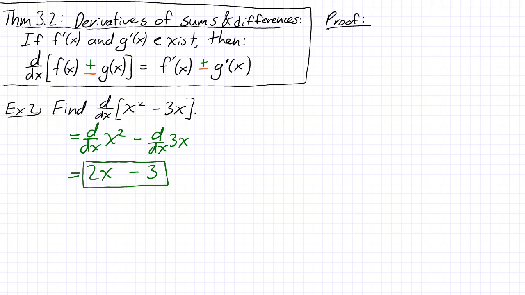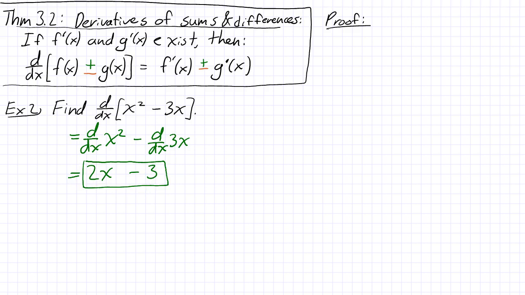I took the derivative of the x squared separately from the derivative of the 3x, and then subtracted those results, like this says I can do. The derivative of x squared is 2x, the derivative of 3x is just 3, and you then subtract them, and that's your derivative.